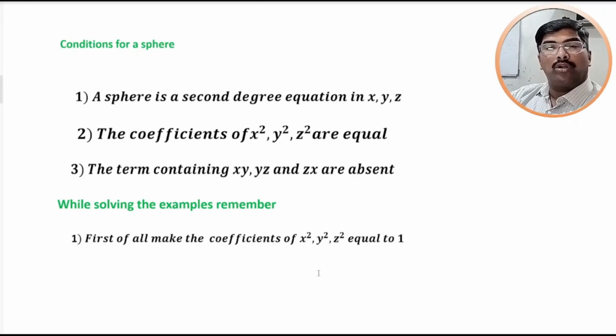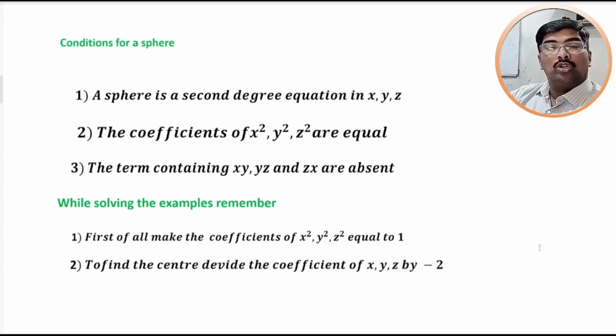The second important note is, to find the center, we have to divide the coefficients of x, y and z by minus 2. If we divide the coefficient of x, y and z by minus 2, we will get this center, and by using this center we can find the radius also.